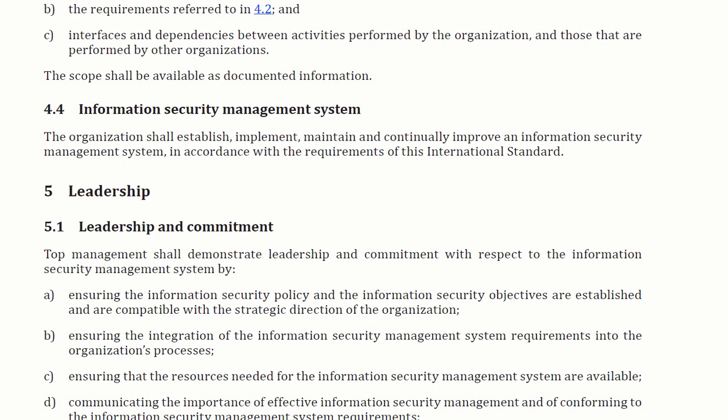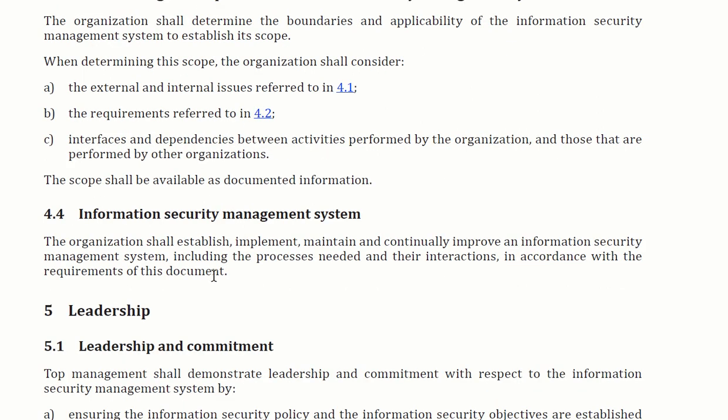Now in the new standard, they have included the process. If you read the sentence, the organization shall establish, implement, maintain, and continually improve an information security management system, including the processes needed and their interaction.